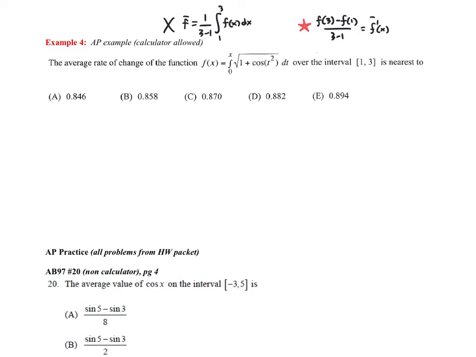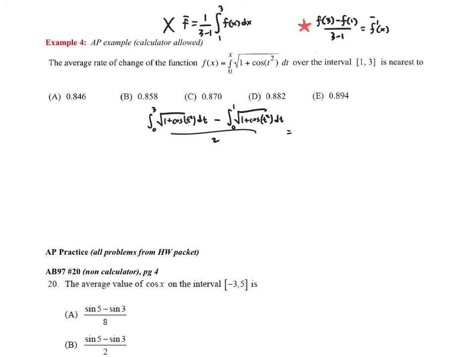Okay, so let's go ahead and utilize our calculator, because what we want here is f of 3. Well, f of 3 is the integral from 0 to 3 of this thing, 1 plus cosine t squared dt, minus f of 1, which is the same thing except from 0 to 1, 1 plus cosine t squared dt, over 3 minus 1, which will be 2.